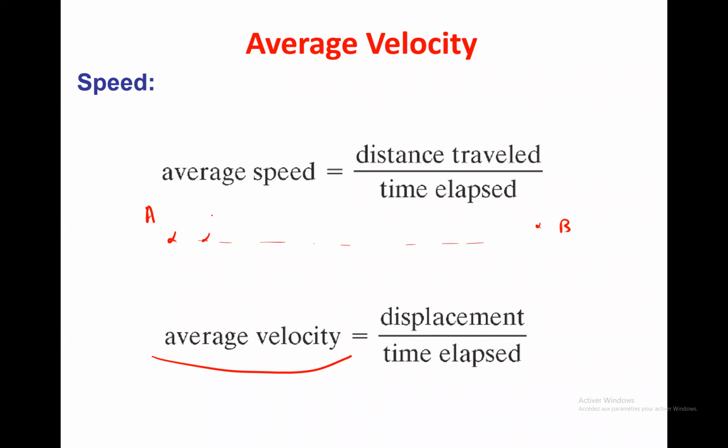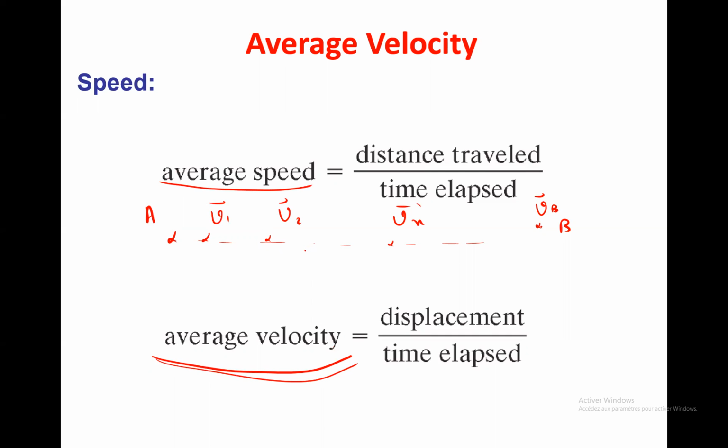Here we have, for example, V1. Here we have V2, etc. Here you have Vn. And we arrive here with VB. So we don't have fixed values of V. For this, we can calculate the average speed and velocity.